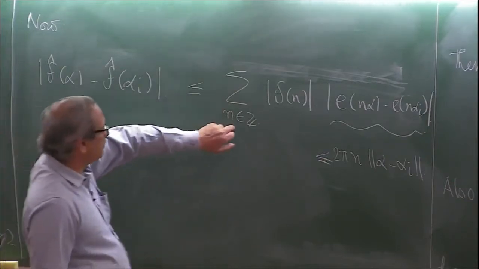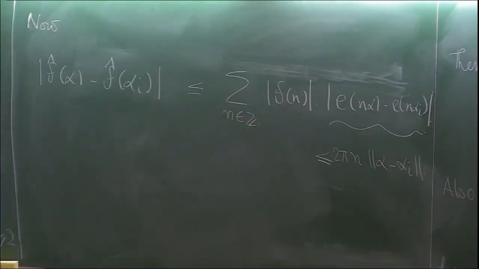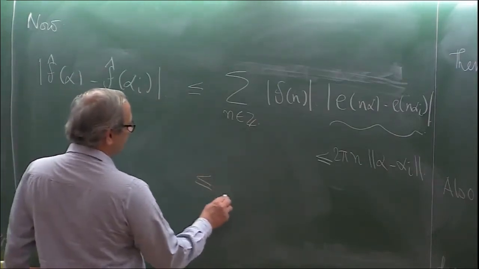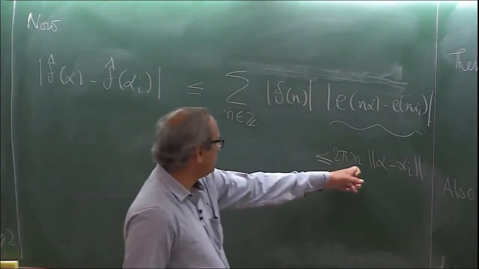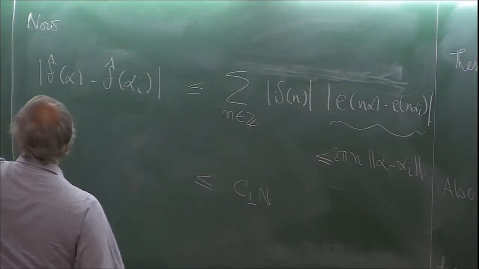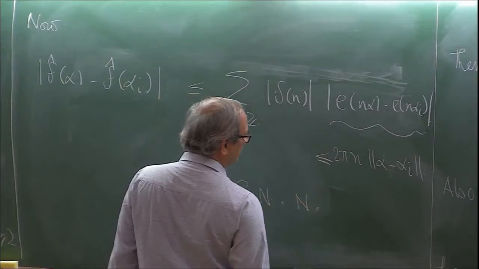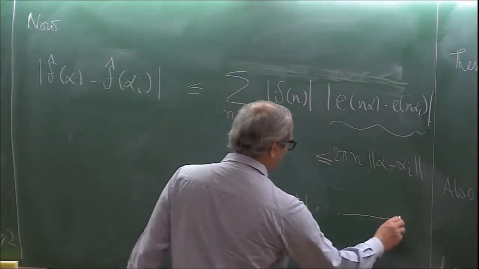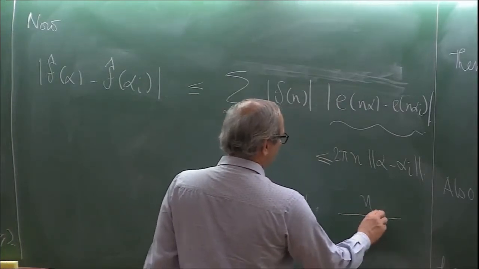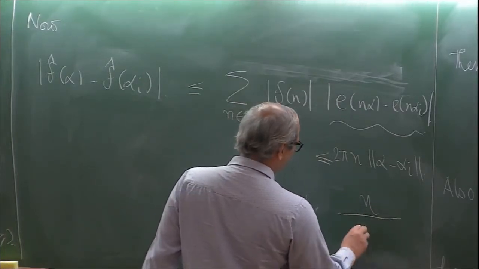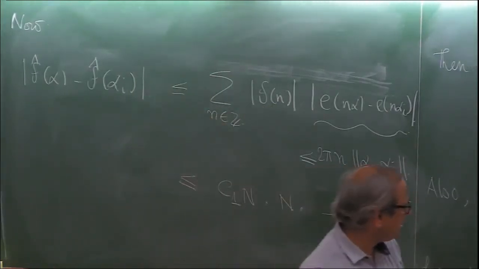And then you have the bound for sigma F_n, which is C1 n. Therefore, this is less than or equal to C1 n. Of course, this little n is less than or equal to n because f is supported here. So C1 n times n times the size of alpha minus alpha_i, which is delta by 4. So that is eta by pi times my definition of delta had a 4.